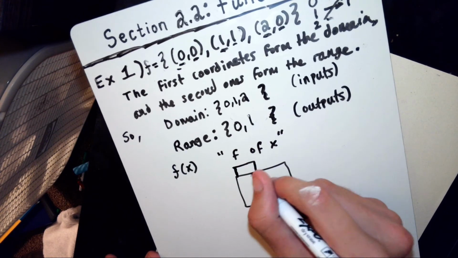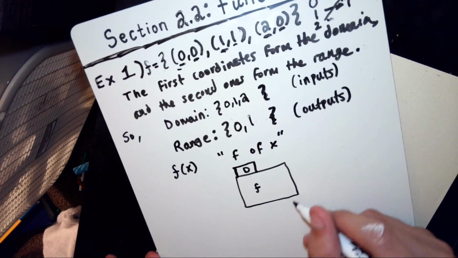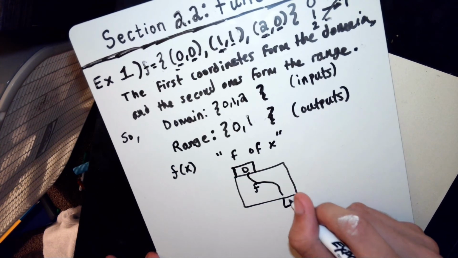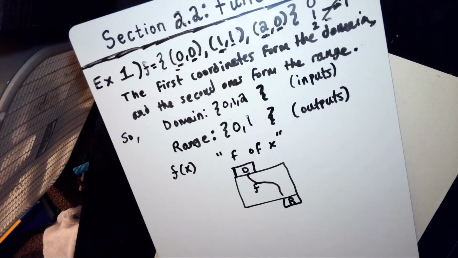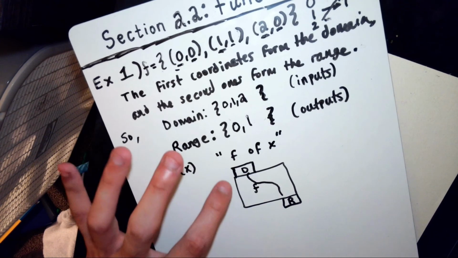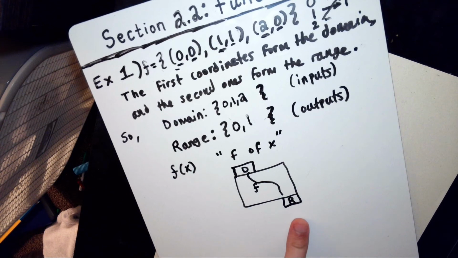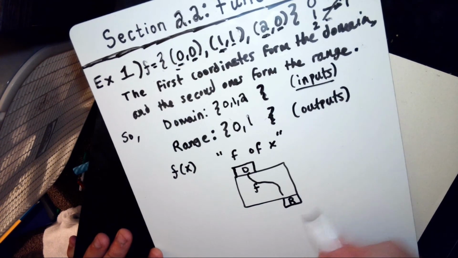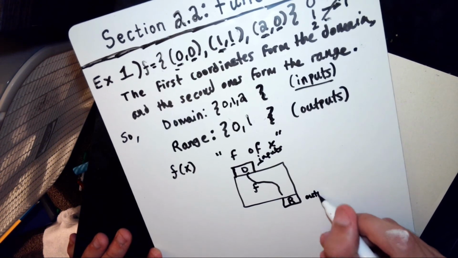This is your domain, which I'll abbreviate as D. Down here, what comes out after you send it through the function is the range, abbreviated with an R. Functions take each thing in the domain and send it to one element of the range. So functions are like a machine: you put in your input, and whatever comes out are your outputs.